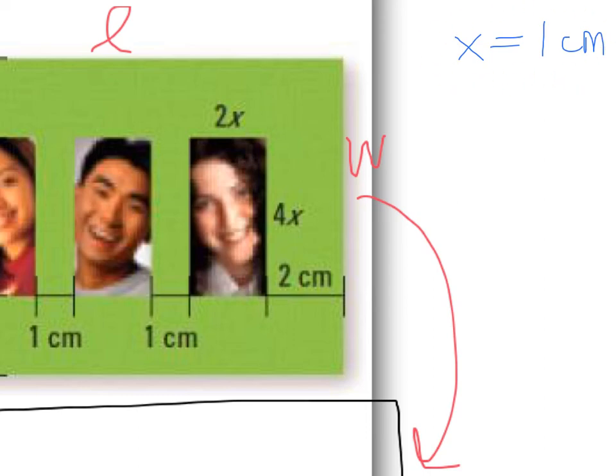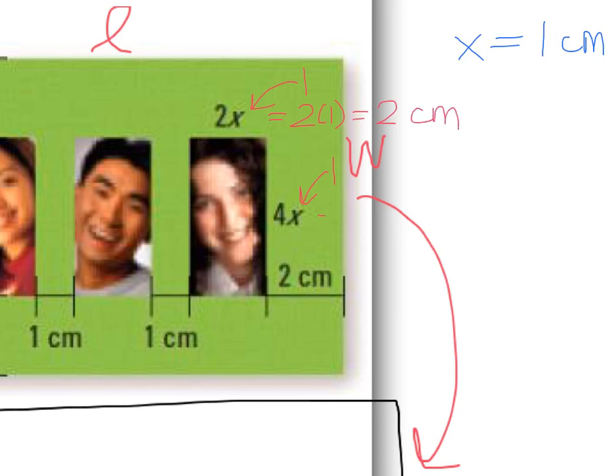Wow, 1 centimeter? They couldn't have made it a different number? It seems so anticlimactic using the number 1 as the solution or part of the solution. I know. Basically what we now need to do is simply plug in the number 1 wherever we see an x. If 2x is the width, then 2 times 1 is equal to 2 centimeters.